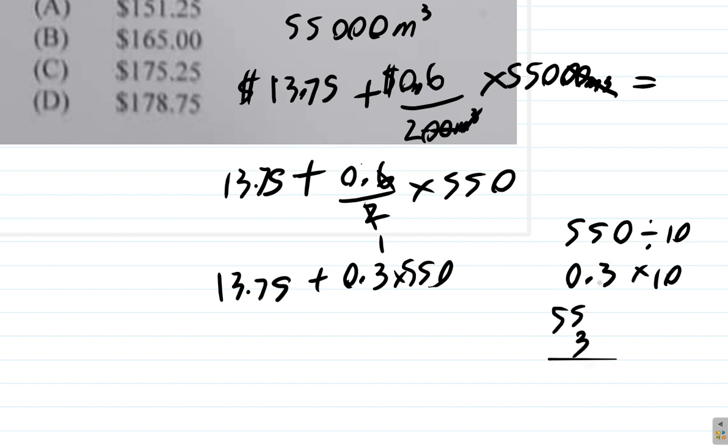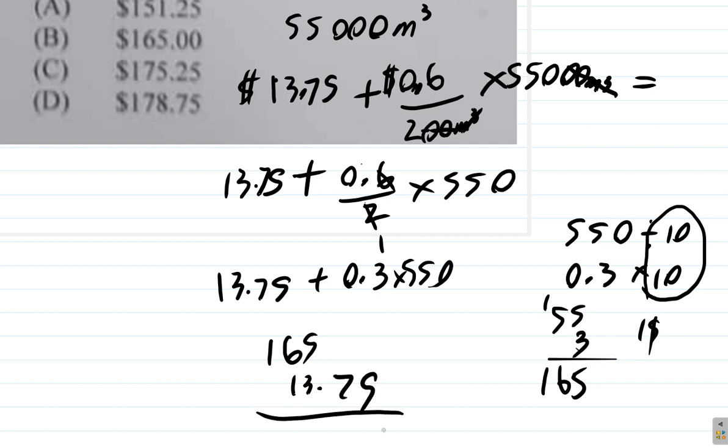If you multiply 0.3 by 10, you have 3, and if you divide 550 by 10, you have 55. These will cancel out, so you don't have to do anything else here. 3, 5, 15, bring down the 5, carry 1, 3, 5, 15, and 1, 16. 165. So it's 165 plus $13.75.